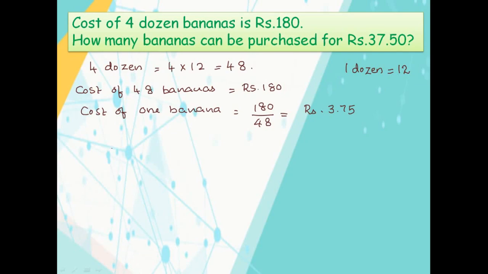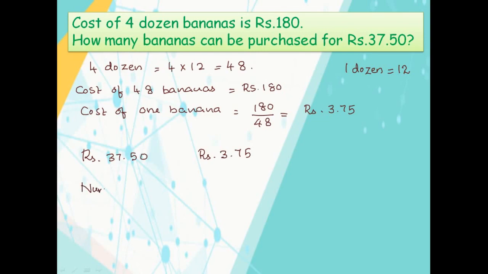Now, what do we need to find here? How many bananas can be purchased for rupees 37.50? So, I have rupees 37.50 and the cost of 1 banana is rupees 3.75. How can we find the number of bananas purchased for rupees 37.50?